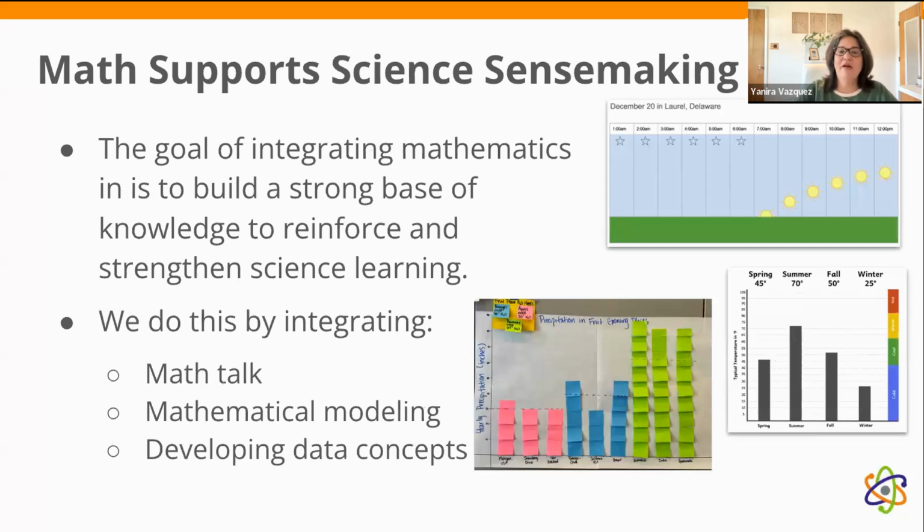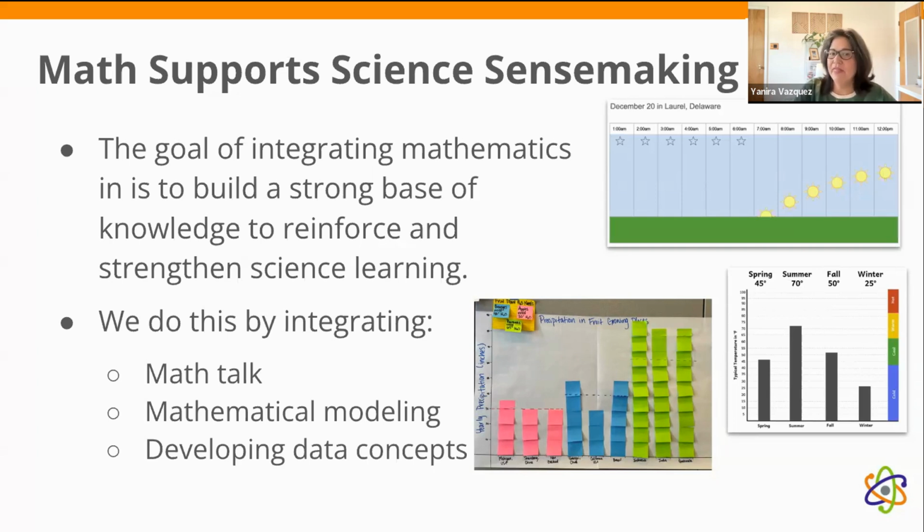One thing that we think is really important in OpenSciEd is to integrate mathematics and literacy into our materials. Anytime that you see math in our work is in the service of understanding the science. You will never see math for the sake of seeing math.